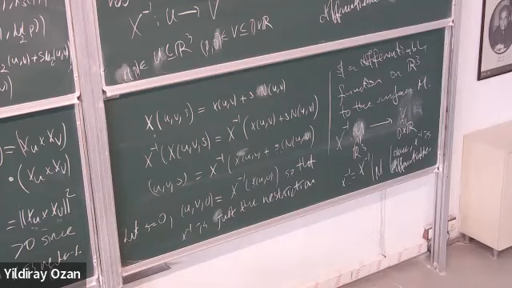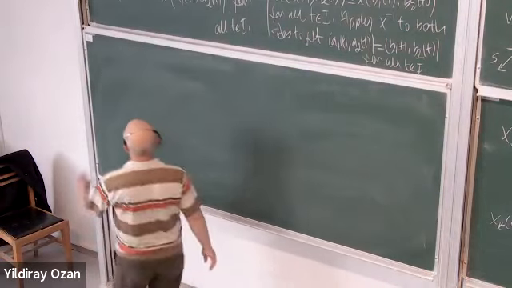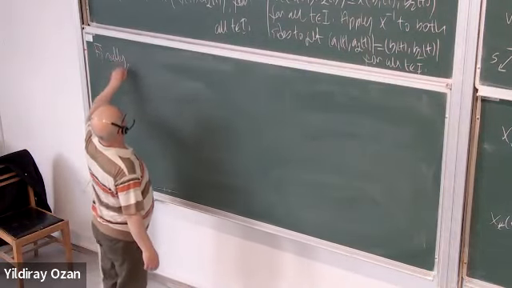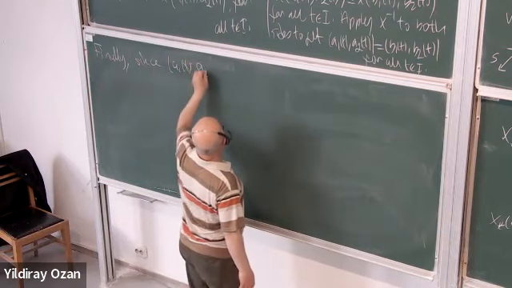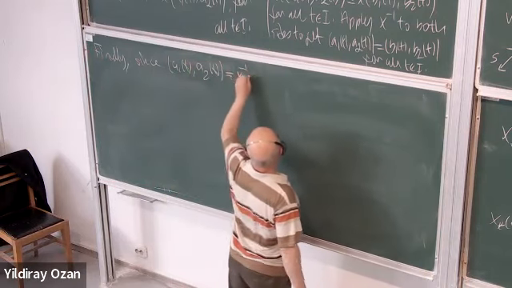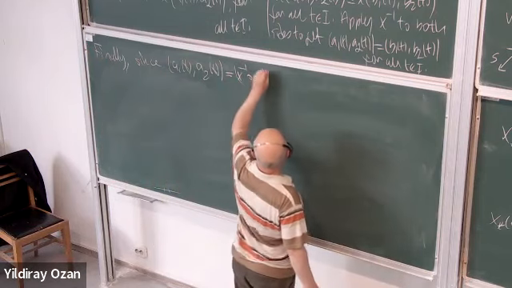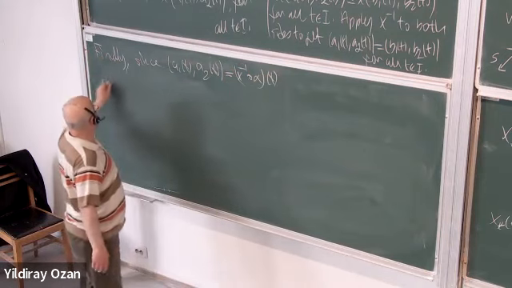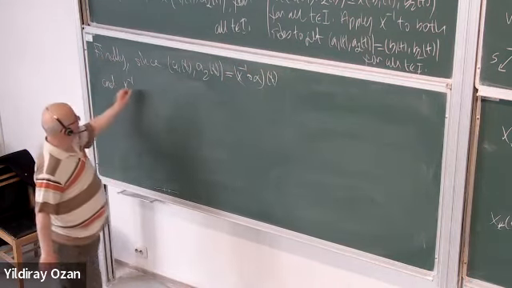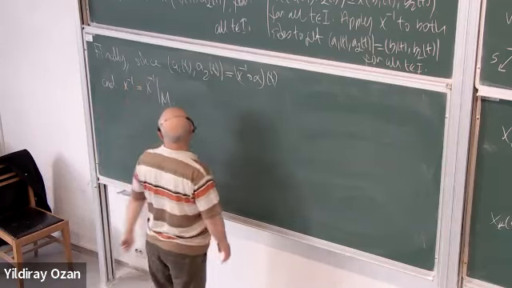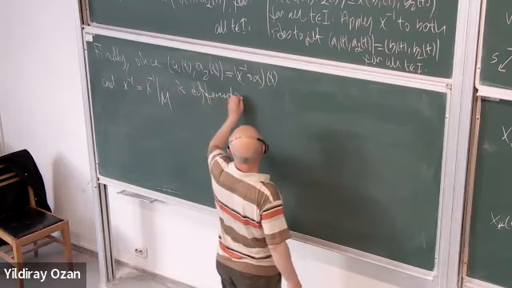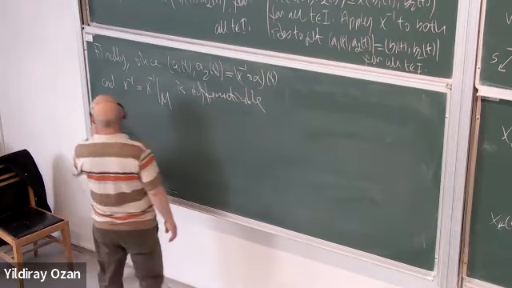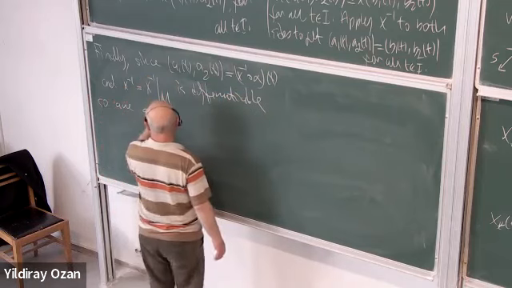Okay, let me change the board. Okay, now finally, since a1(t), a2(t) is just little x inverse composed with alpha(t), and little x inverse, this function's restriction to M, is differentiable, so are a1(t) and a2(t).